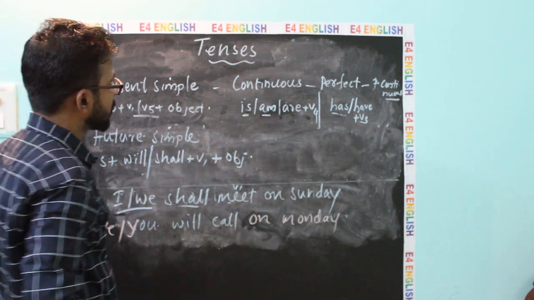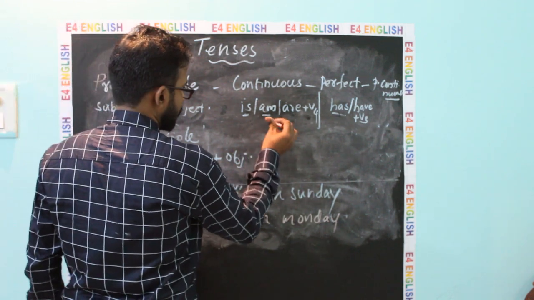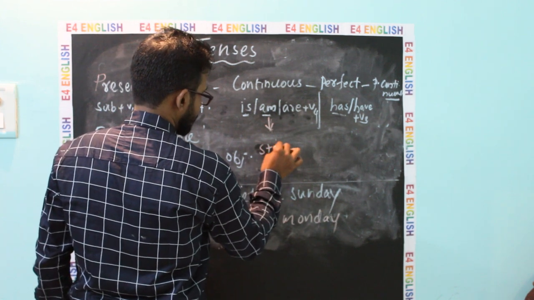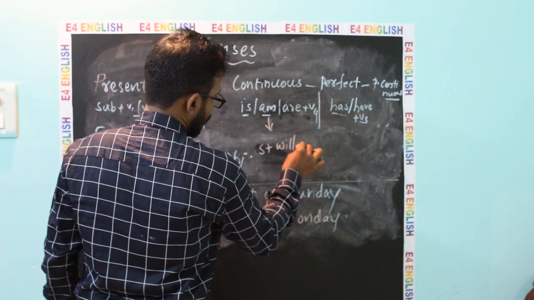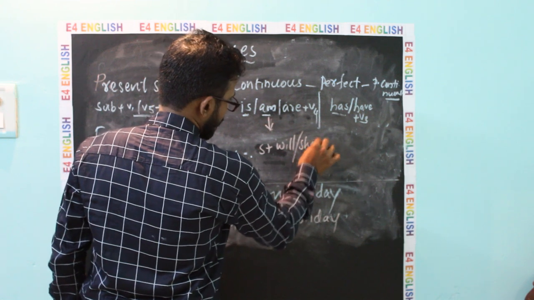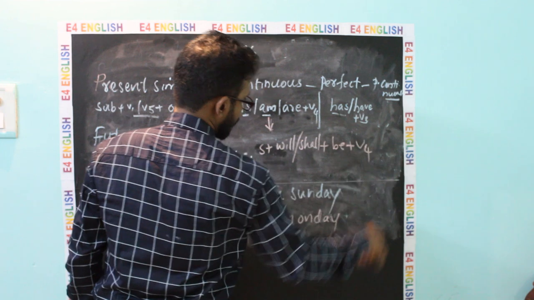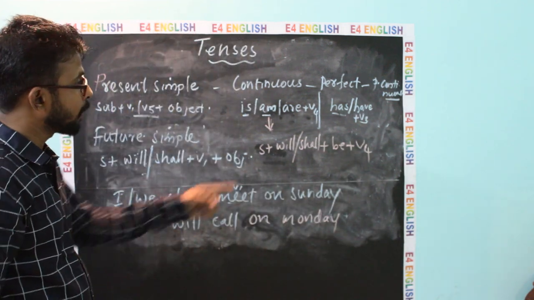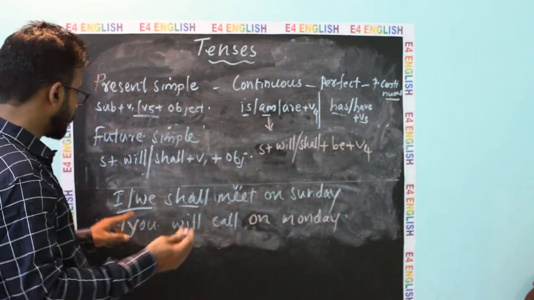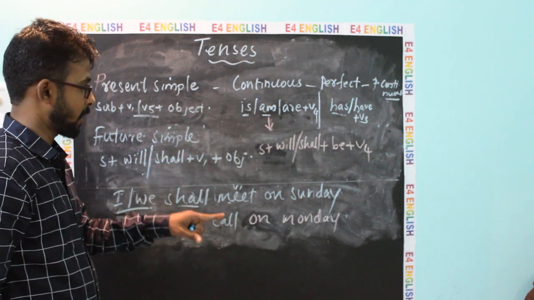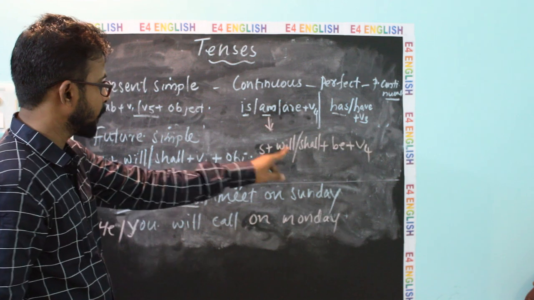Then about future continuous, you see here, subject plus will or shall plus be plus V-ing. So the usage of will or shall: with the first person singular and plural, shall; I shall, we shall; and with the remaining all, will.